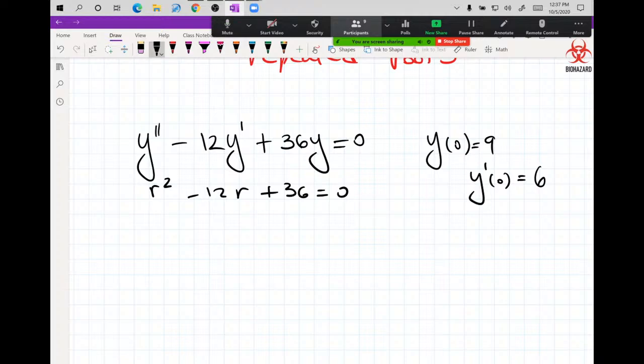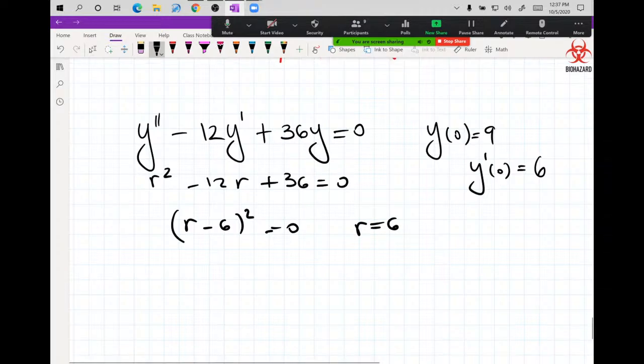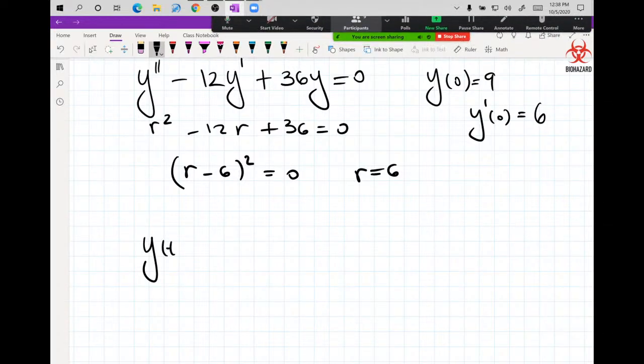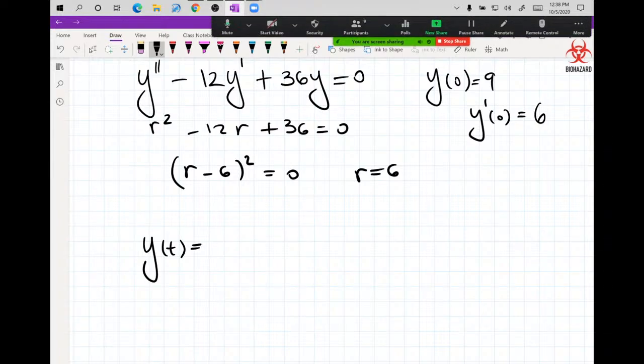And this will put it into r minus 6 squared equals 0, where r is 6. Since the roots are repeated, we write y of t is equal to c1 e to the 6t plus c2 t e to the 6t.